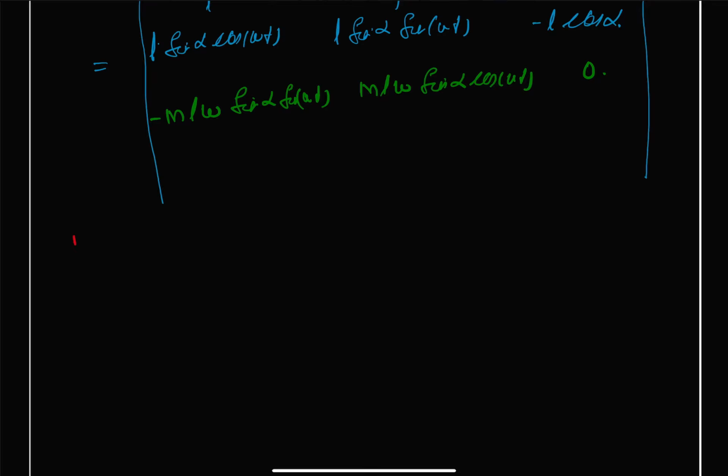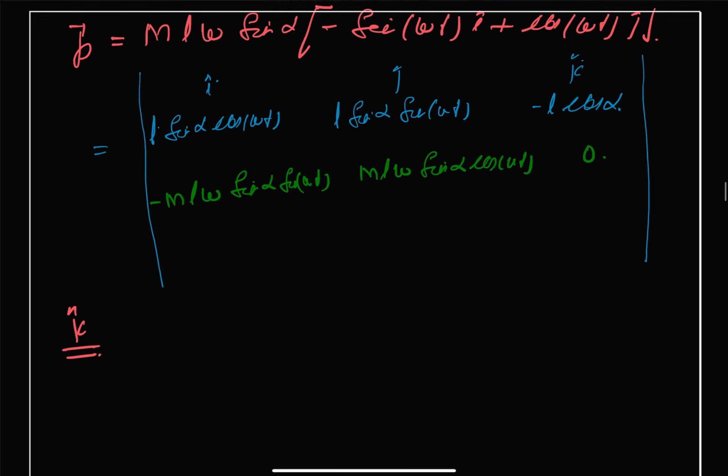So the k unit vector component will come as m L square omega times sin square and cos square, and on the other side also sin square and cos square, that will be equal to 1.